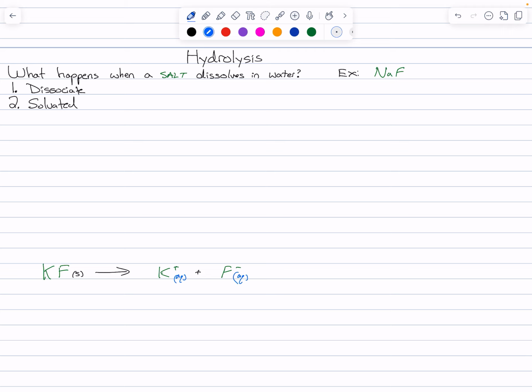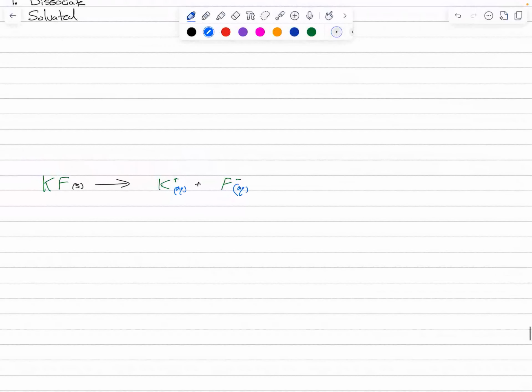So if I have a potassium ion and a fluoride ion, to be solvated, they're going to have water around them. Now, a lot of times these small ions have 6 or so waters around them.